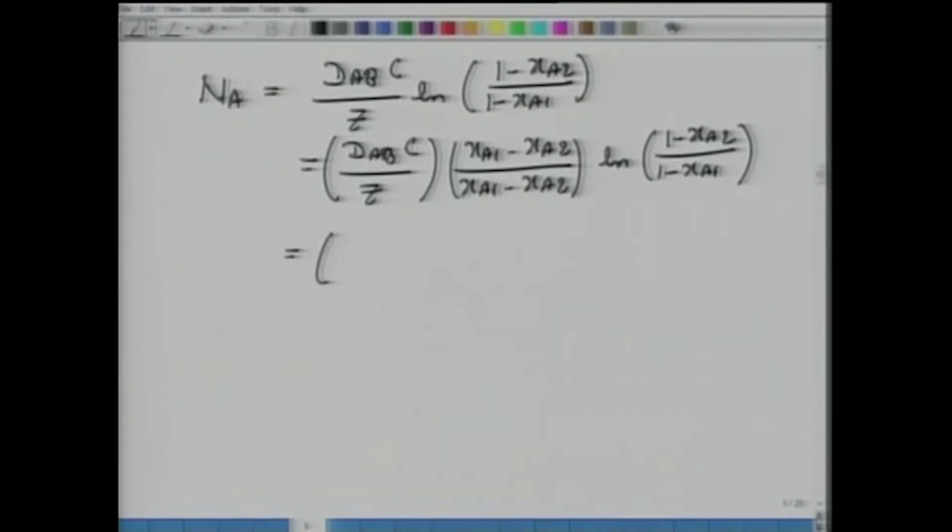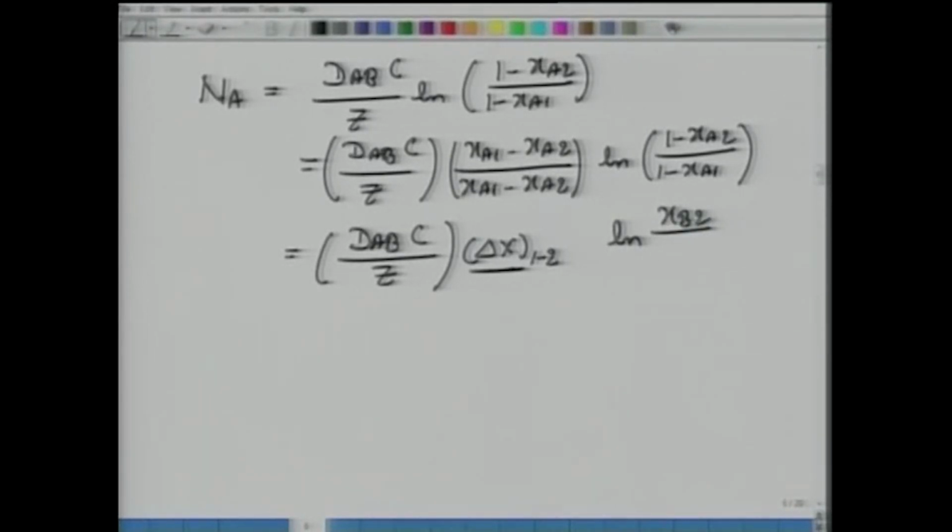further we can write DAB C over Z del X. So now we are introducing this mole fraction difference between plane 1 and 2, which is nothing but XA1 minus XA2. And here we have ln of XB2, the mole fraction of B at plane 2, 1 minus XA2, and B is stagnant here, over XB1.